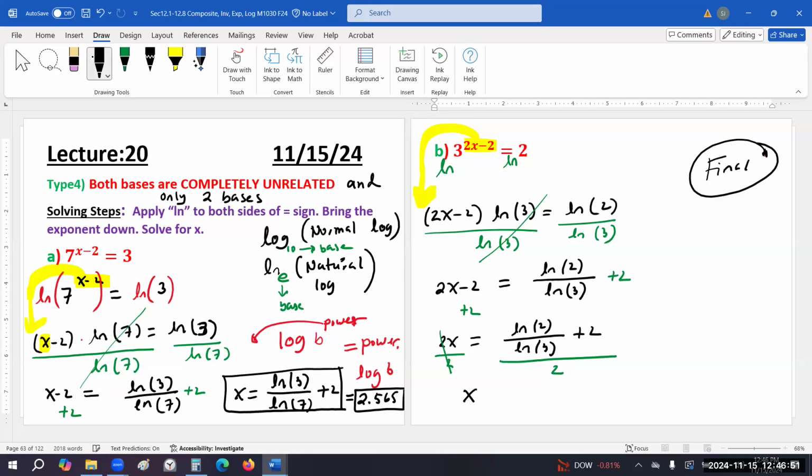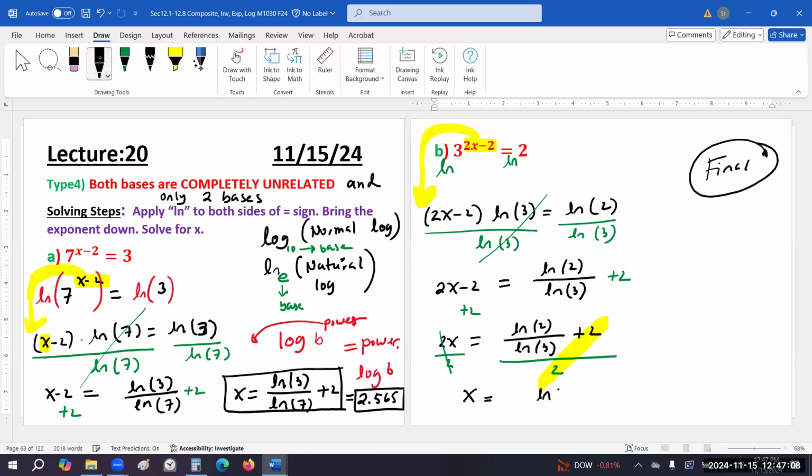And we get, don't assume that you can simply divide them. You cannot simply divide them because this denominator belongs to both of them. So if you want to divide, your choice is this.